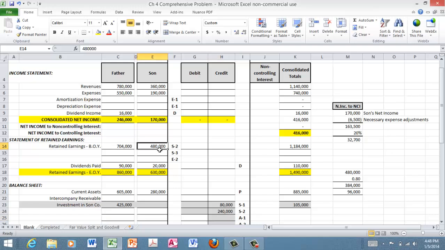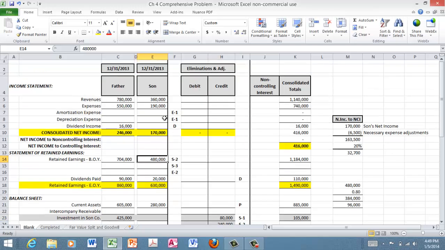Now retained earnings, this is 480,000. This is as of December 31, 2013. Remember, we bought this investment back in 2009, so we're going to eliminate that portion, that original amount that relates to our 80% share. Now, the other thing I need to do is take care of the non-controlling interest piece.